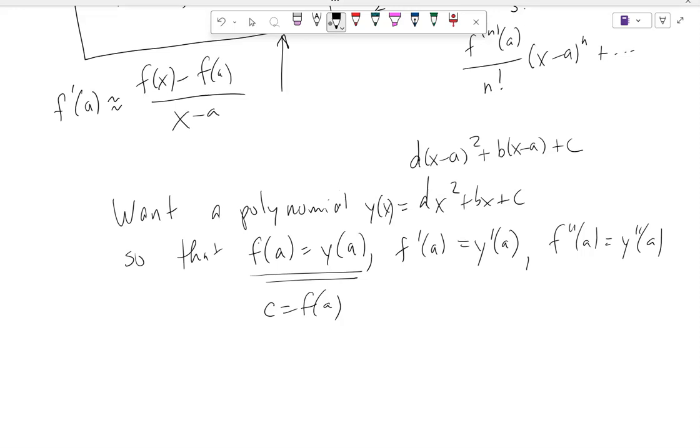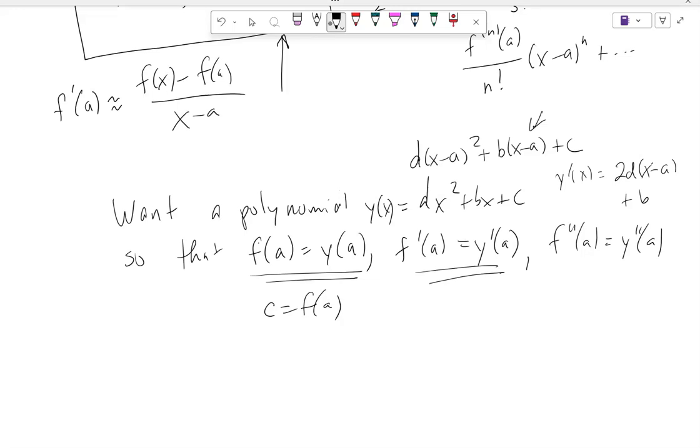All right. So obviously if it's going to be a tangent anything to a curve, it has to touch the curve at that point, right? I need the function values to be the same, right? If it's going to be a tangent line, I need my derivatives to be the same. Well, if I look at my polynomial here, my derivative will be 2d times x minus a plus b, right?